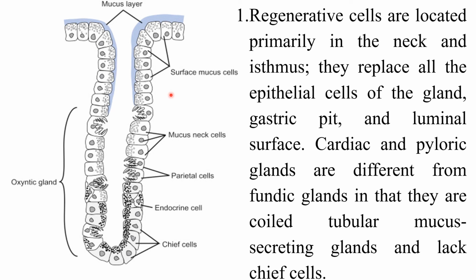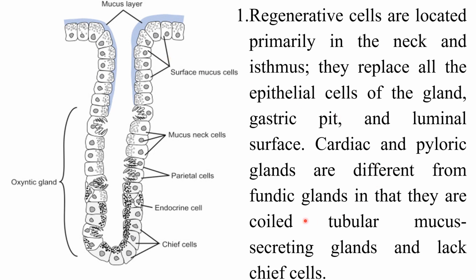And this is very important because since this layer is exposed to the external environment and the products of the external environment, wear and tear as well as death of these cells are very common. Hence, the regenerative cells present here are responsible for the replacement of these cells which are dead and infected.